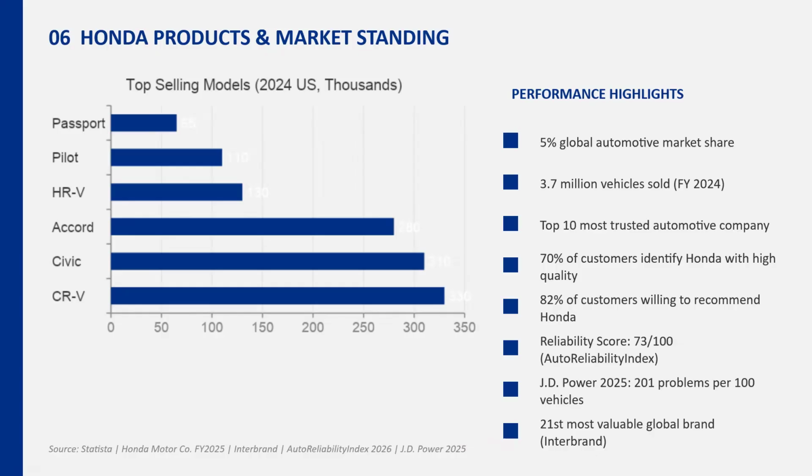It will never, ever leave you on the side of the road. I mean, just like a Toyota, but I digress. Let's continue on. That said, Interbrand ranks Honda as the 21st most valuable global brand. You can see right down here. And J.D. Power's 2025 dependability study recorded 201 problems per 100 vehicles for Honda, more than Toyota's 162.